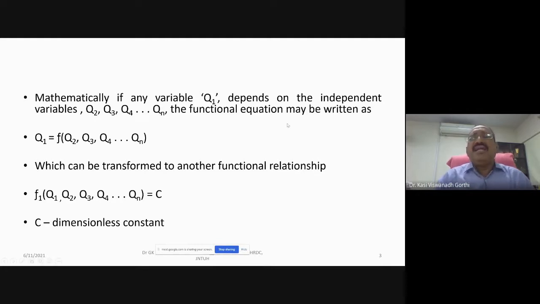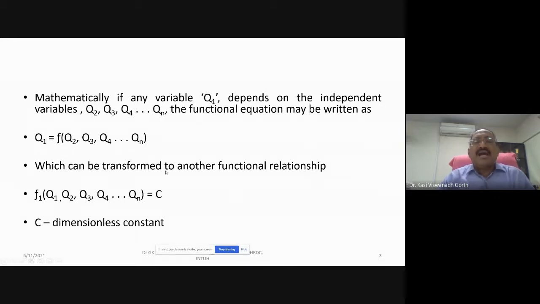Then a functional relationship between the dependent and independent variables can always be established: q1 is equal to a function of q2, q3, q4, and so on up to qn. This is the functional relationship between the dependent and independent variables.